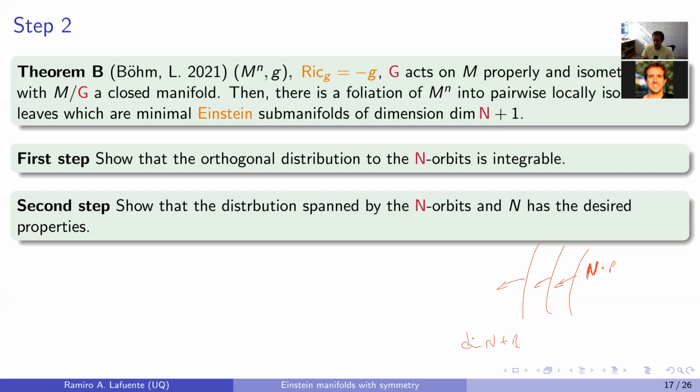And the integral submanifolds are going to be the Einstein minimal submanifolds that we were looking for. Essentially one can compute the Ricci curvature because we know so much already, and there's nothing else in this case that has to be done. So this concludes the idea of the proof for theorem B.